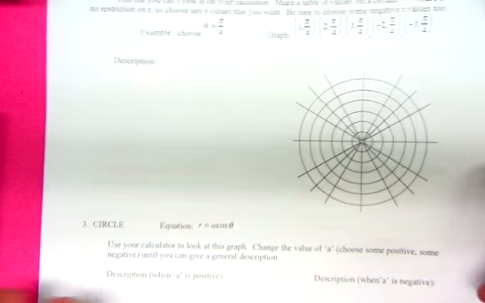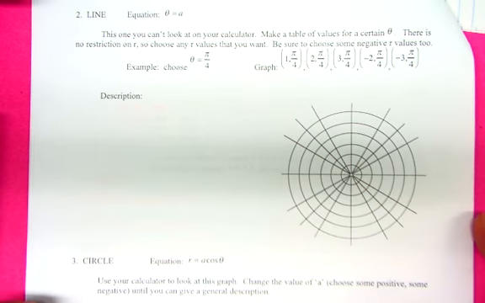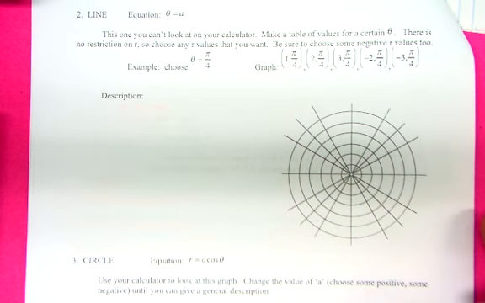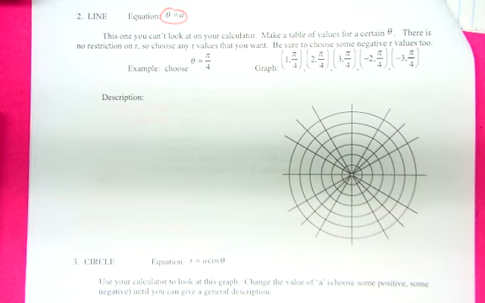Go to the next page. This one you cannot use your calculator on. Okay, so we'll go through this one together. If you ever get an equation that says theta equals something, then what you could do is think about graphing several points where theta is that value.